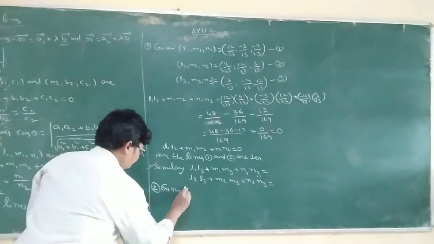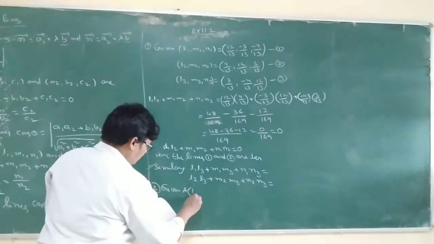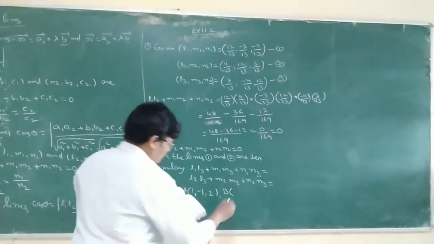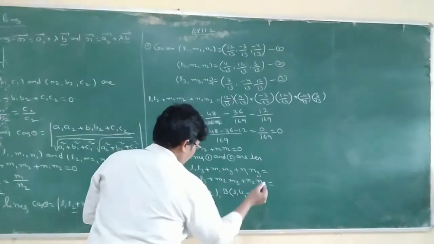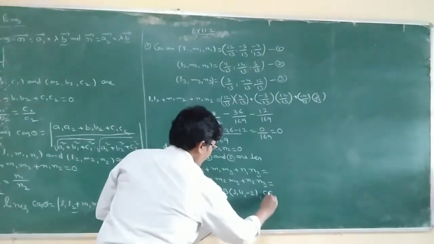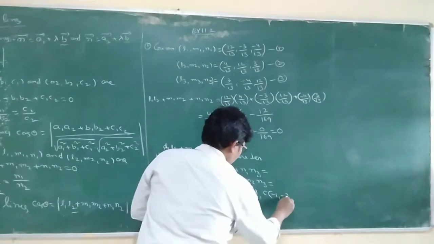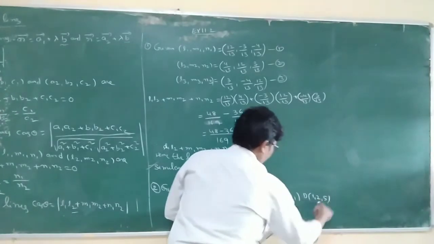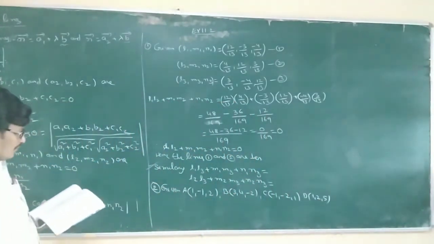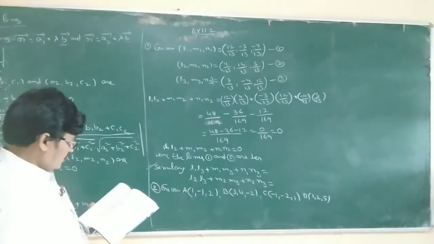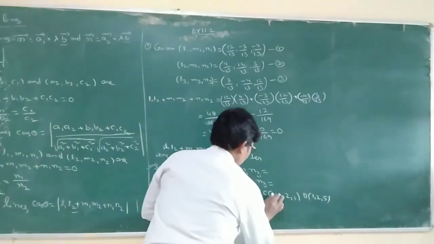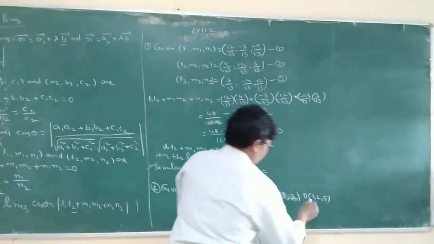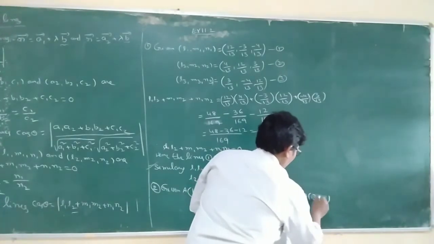So A is equal to 1, minus 1, 2. B is 3, 4, minus 2. C is minus 1, minus 2, 1. D is, oh sorry, D is 0, 3, 2... 3, 5, 6.